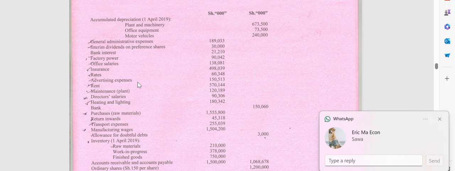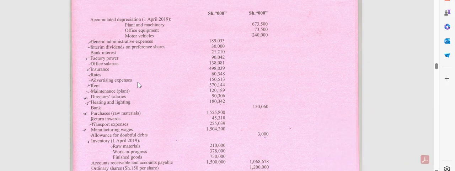Let's start with what we have in the trial balance. Then we can merge with what we had computed. So any other cost that is not admin and distribution or finance should go to indirect manufacturing cost.